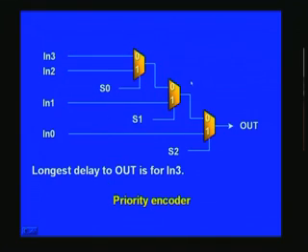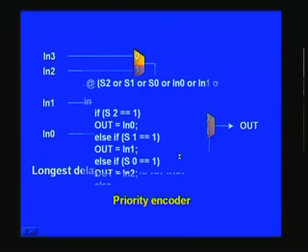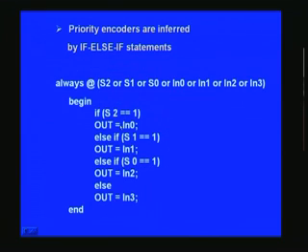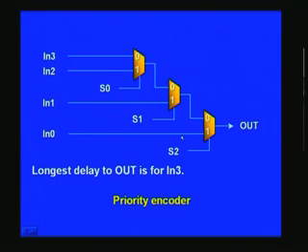So here you see that the very first if statement was for S2 as such, that's here, and this is the top priority as I mentioned. So that means if S2 is 1, this input is straight away output here, right. So the gate delay as far as this input is concerned is only just from here to here.